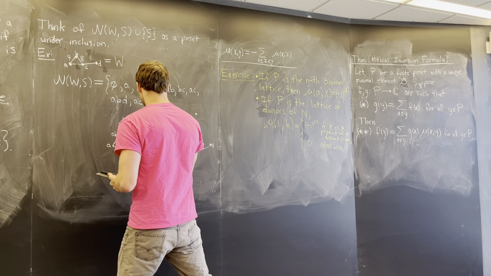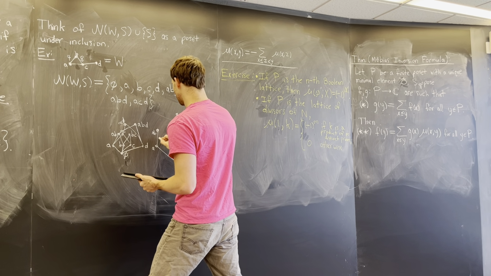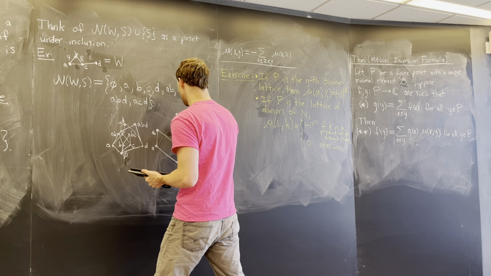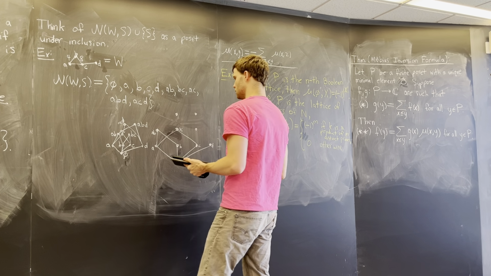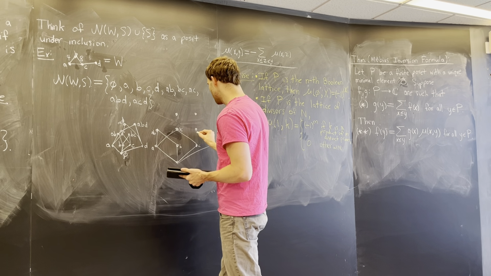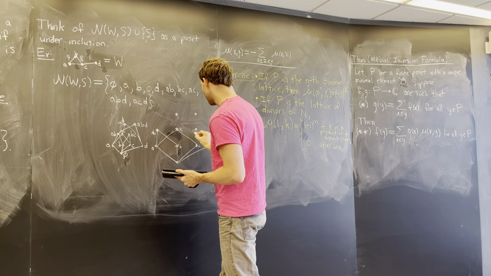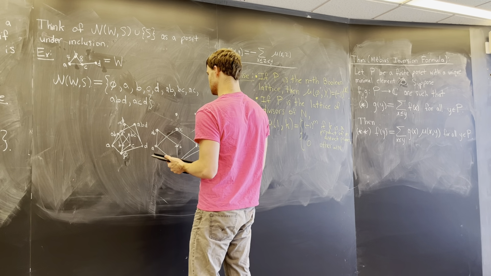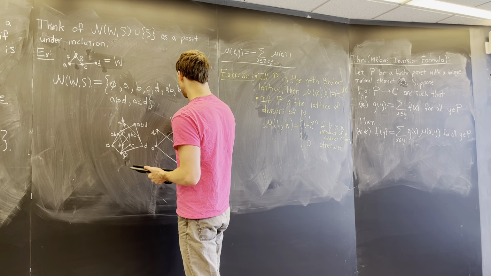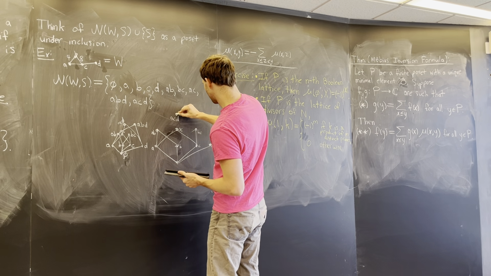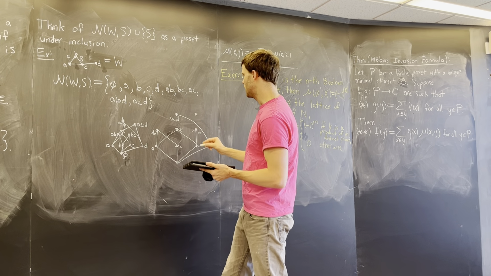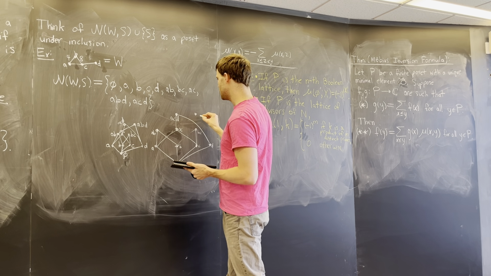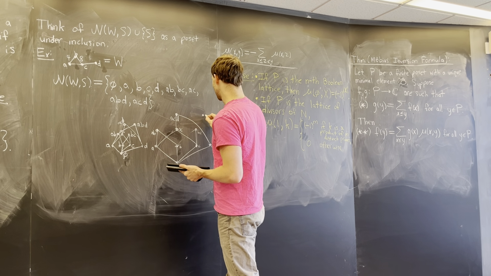This is AB. This is AC. BC. It's like this. Then I want ACD here, which is going to have that and there. And then there's ABD, which I can put over here.